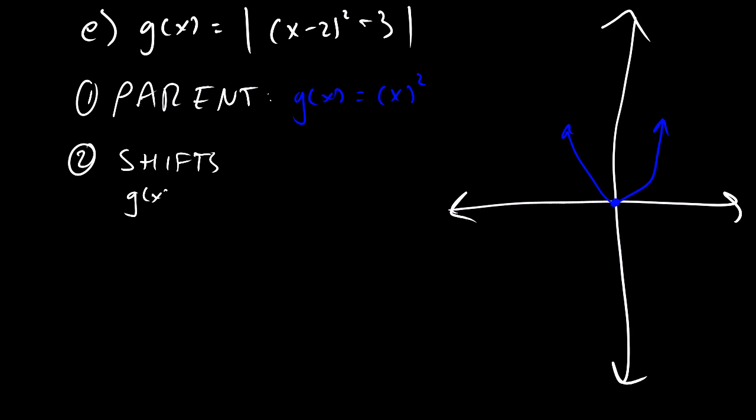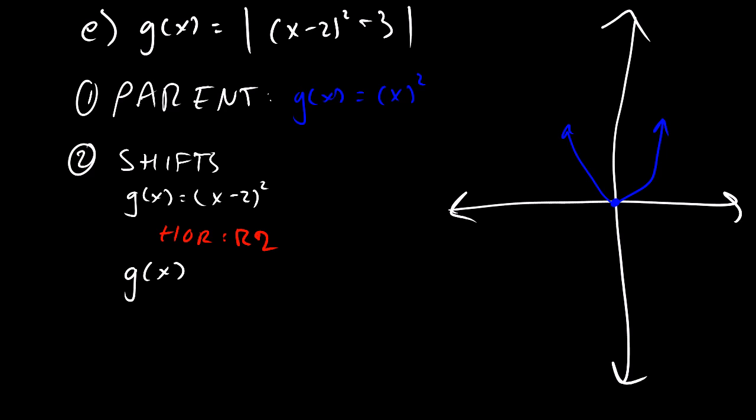So g of x, start off simple. Let's break it down. X minus 2 quantity squared. We know the 2 is a negative and attached to our x. If it's attached to our x, it's a horizontal shift. We were thinking negative, but it does the opposite. So it really goes right 2.